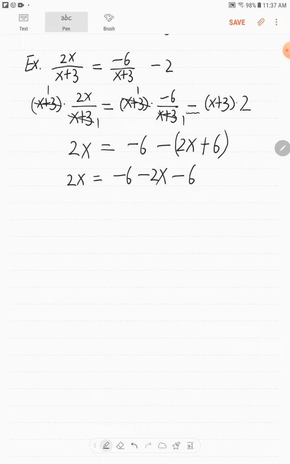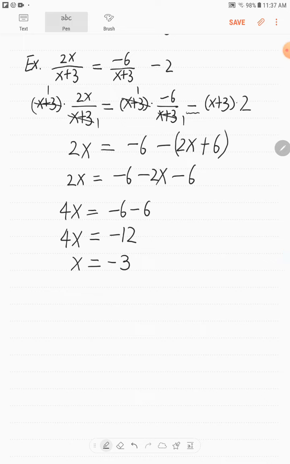Okay, then we need to isolate x on one side, so we add 2x on both sides, so it becomes 4x equals negative 6 minus 6. So it becomes 4x equals negative 12, x equals negative 3, right? But that is not the end.